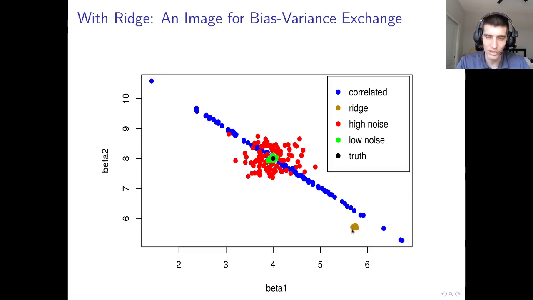This is 100 iterations generating these samples, solving for the least squares estimator over here, and the ridge estimator over here in brown. The points are much less spread out than they were with the correlated example. So I've reduced the variance here, but you see that these are not centered around the truth anymore. This demonstrates that I have swapped bias for variance in my estimate.